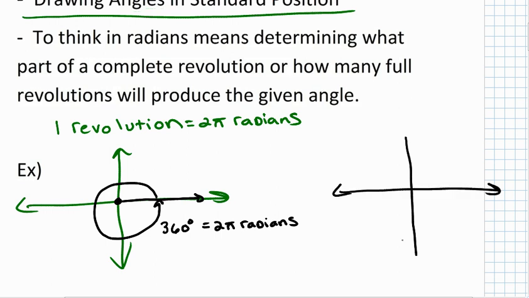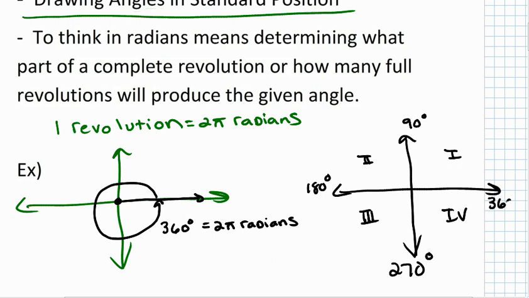if we talk about the coordinate plane, we have the first quadrant, the second quadrant, the third quadrant, and the fourth quadrant. This would be 90 degrees, this would be 180 degrees, 270 degrees, 360 degrees.